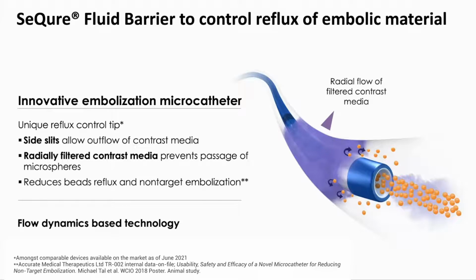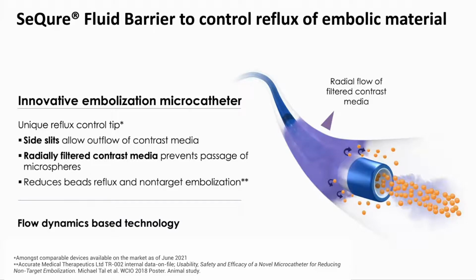So to go further against non-target embolization, there is a secure microcatheter that creates a fluid barrier to control the reflux of the embolic material. This secure microcatheter has side slits that allow outflow of contrast media.